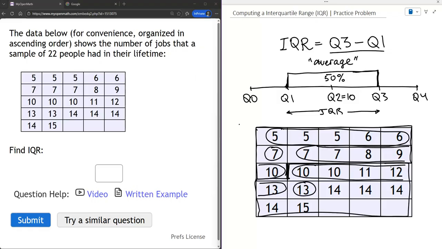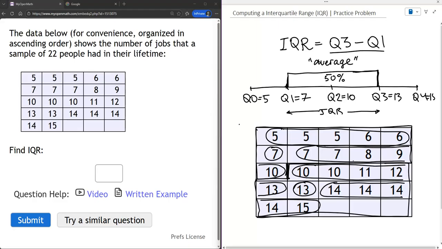This is our middle, and this is the upper half of the upper half. So this is your top quartile. So Q1 is 7, Q3 is 13. Might as well find Q0 being the smallest element, 5, and Q4, 15.